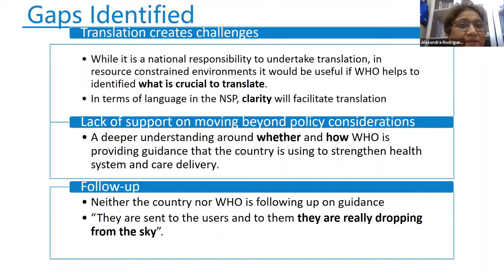That's why the biggest gap is the follow-up. Neither the country nor WHO is following up on guidance. And the people who are working with the NSPs, particularly the ones we took into account, felt that they are receiving something from the sky.